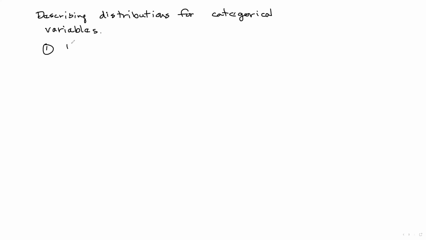One, the typical value, or the mode. And if there are multiple values that are the highest, then you'd say bimodal or multimodal, depending upon how many. And then 2, you want to say something about the diversity or the variability.